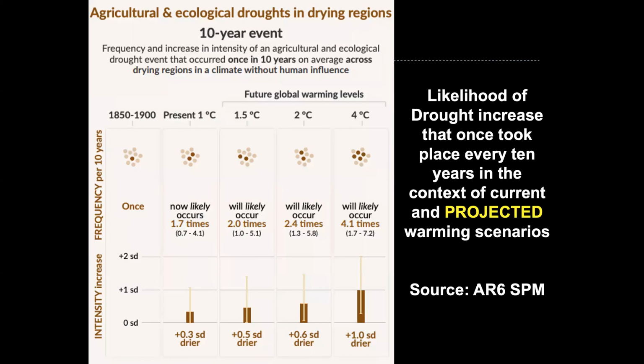And again, using the same setup as before, but using agricultural and ecological droughts and drying. From 1850 to 1900, it would happen once every 10 years. In the present scenario where we are, it's 1.7 times as likely, 2, 2.4, 4.1.